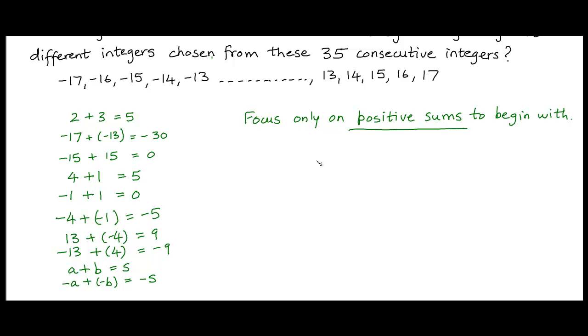So how do I find out the number of different positive sums I can form? Well, let's try to identify the smallest possible positive sum we can form. What is the smallest possible positive sum? Well, the smallest possible positive sum is 1. What is the largest possible positive sum?